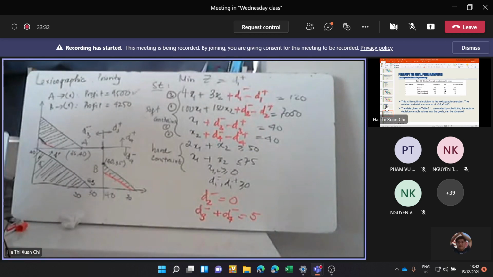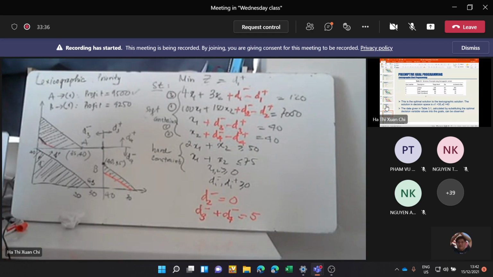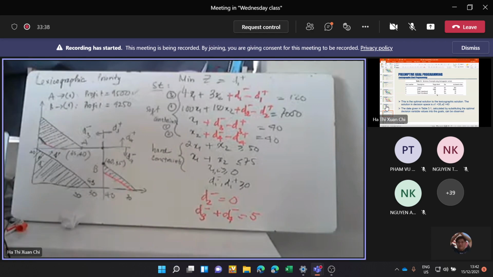The satisfy says no here, achieved 35. For product B, the target is 40, satisfy yes, because the value you get is 40, right? But for the labor here, you cannot satisfy.